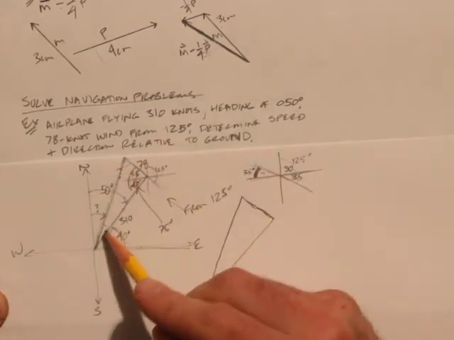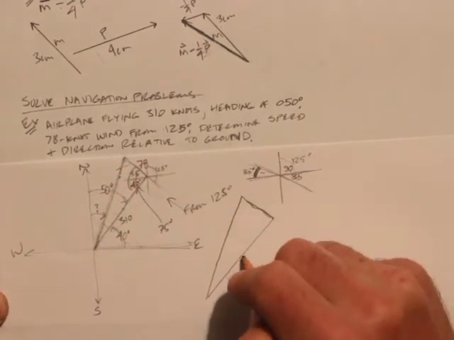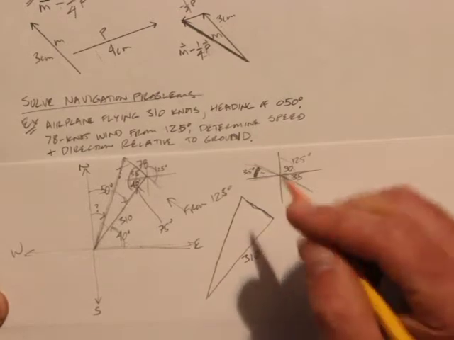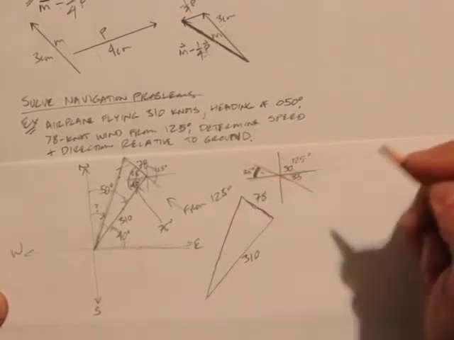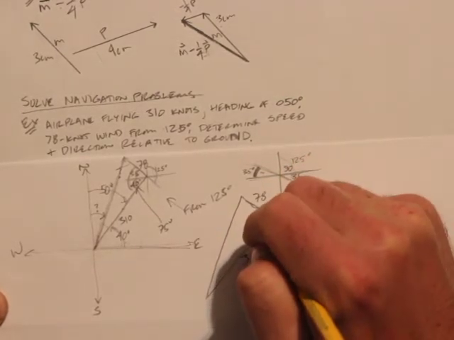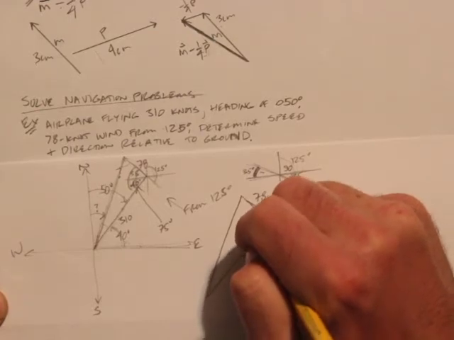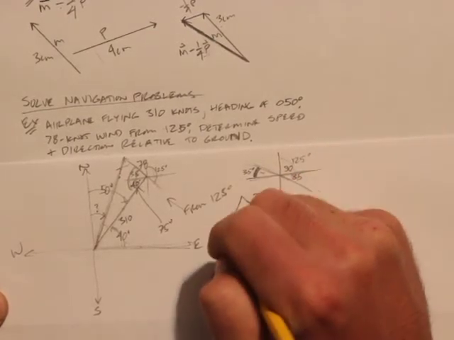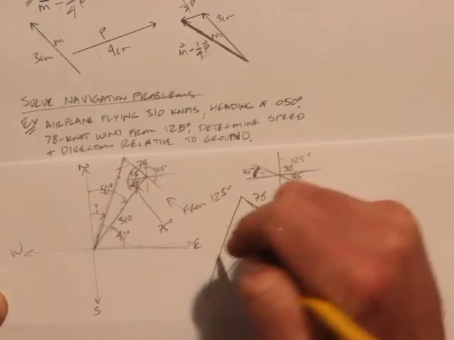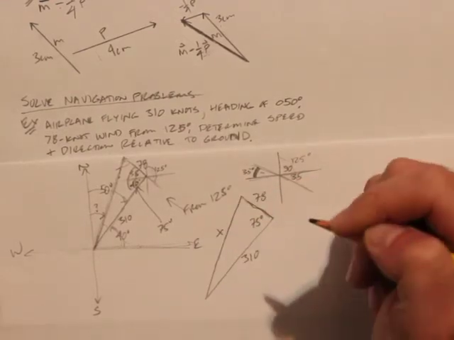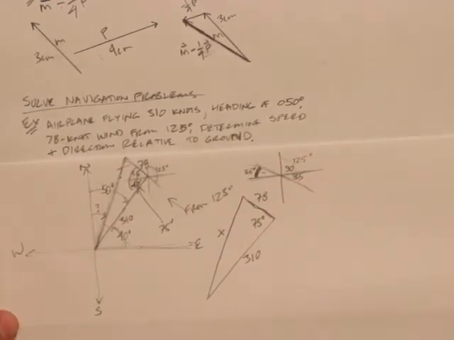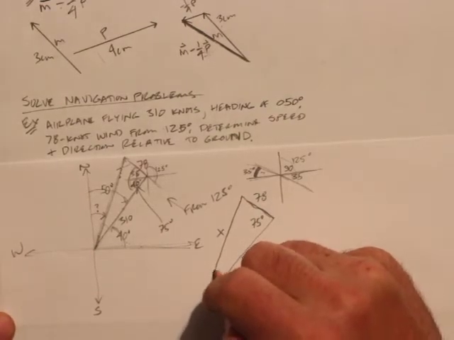Okay, so this bottom side is 310. This one up here is 78. This angle is 75 degrees. I want to know this. I'm just going to call this X. And I want to know this.